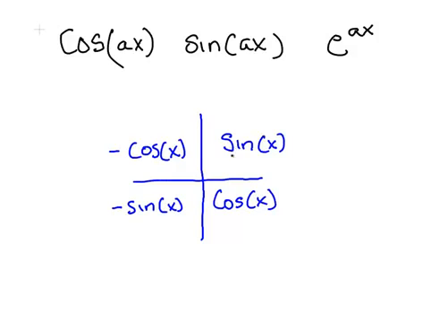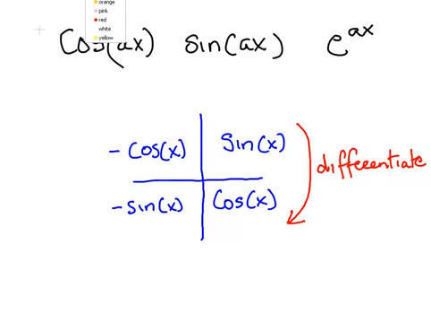If we want the derivative of sine of x, that's cos of x. The derivative of cos of x is minus sine of x. The derivative of minus sine of x is minus cos of x, and the derivative of minus cos of x is sine of x. So if we are going clockwise around this, we are differentiating. If we are going anti-clockwise, that's integration.